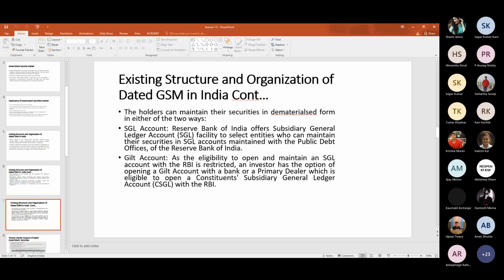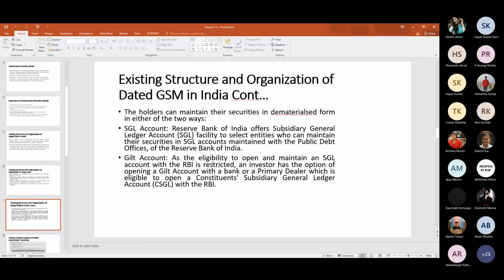The Reserve Bank of India basically offers a subsidiary general ledger account facility to select entities who can maintain their securities in the SGL account, which is maintained with the Public Debt Office of the Reserve Bank of India. And we have a gilt account because all of them cannot open this SGL account.